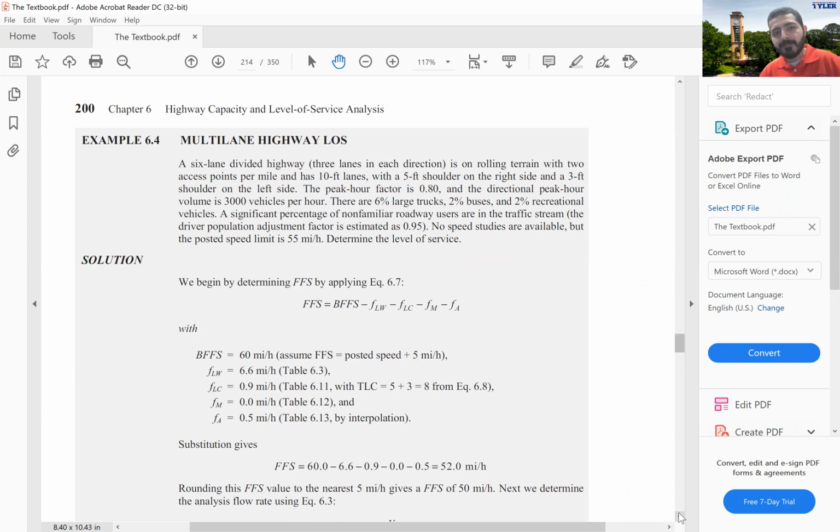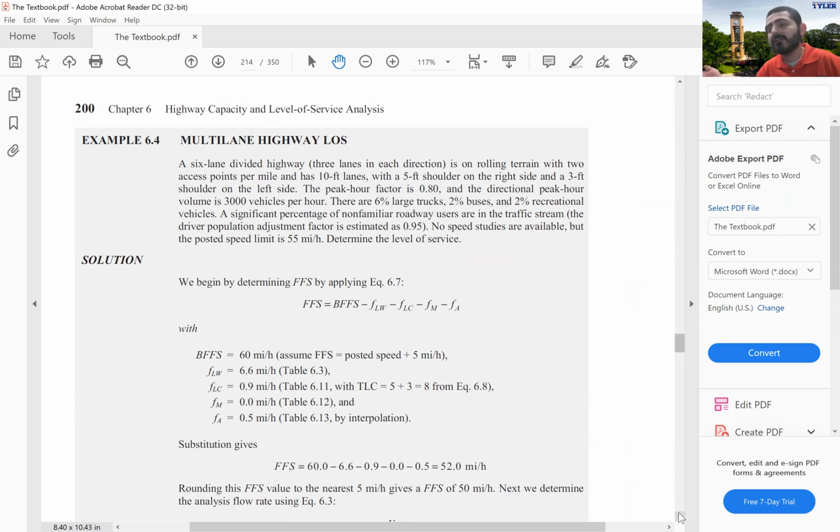So it's a 6-lane divided highway, which means 3 lanes per direction, on rolling terrain with 2 access points per mile, and it has 10 feet lanes, significantly narrower than the base condition. By the time you're reading the question, you're actually doing the first step, which is checking the base condition.